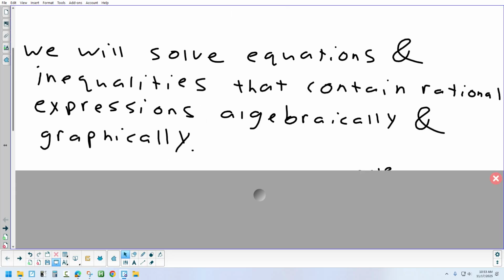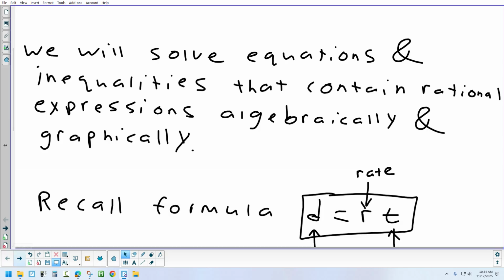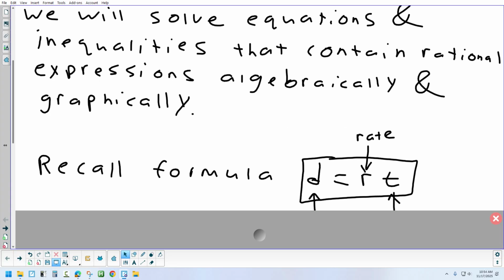We're going to start with a word problem, but there is a formula that you need to already know to do it, and that's the distance equals rate times time formula. So if you want to figure out the distance that you traveled, you multiply your rate of speed by the time.